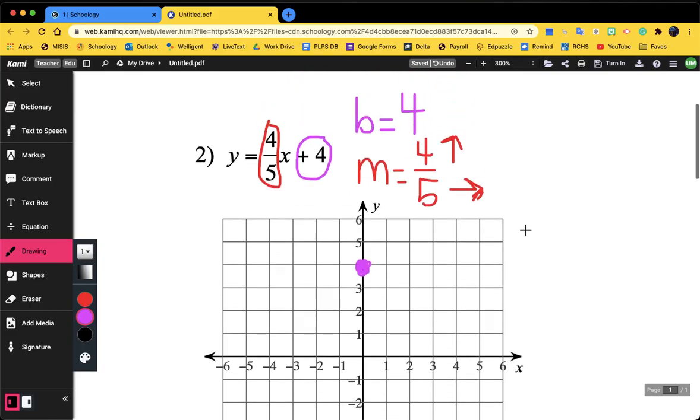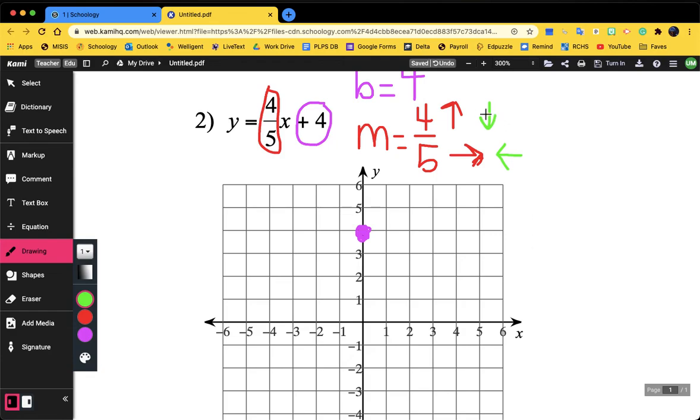Right? Now it says go up 4. But as you saw in the example in the notes, I can't go up 4. So I'm going to turn everything backwards. So I'm going to make this up 4 into a down 4. And I'm going to make this to the right 5 into to the left 5.